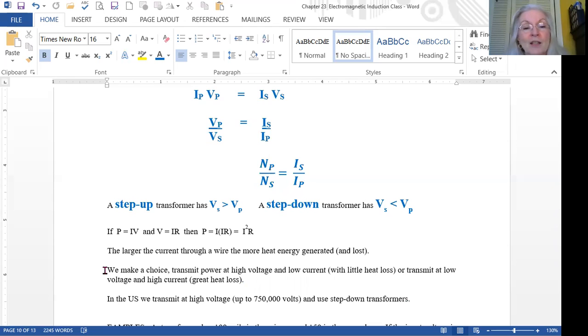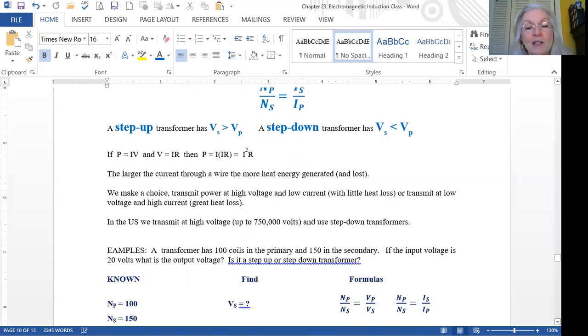And the option that we picked was to transmit electric energy over long distances at very high voltages, but correspondingly low currents. The rationale was that this would reduce energy loss. There'd be less heating of the wires and you'd lose less electricity, that your energy loss would be reduced.